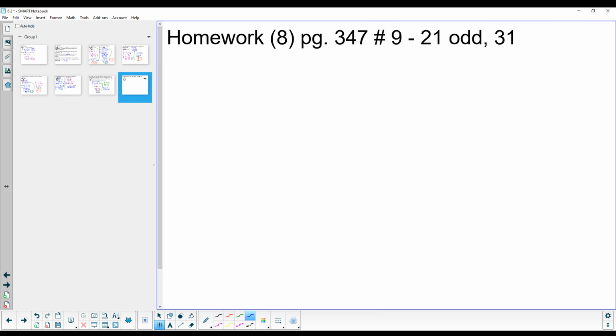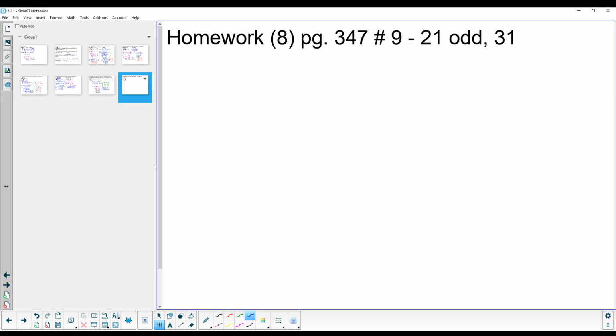So we are going to have an 8-question homework assignment over this. It's on page 347. You have 9 through 21 odds, and then number 31. Starting out, you are going to have some that are already solved for you, just like we did in the notes.